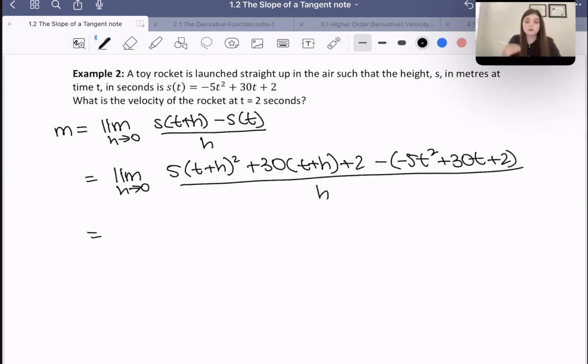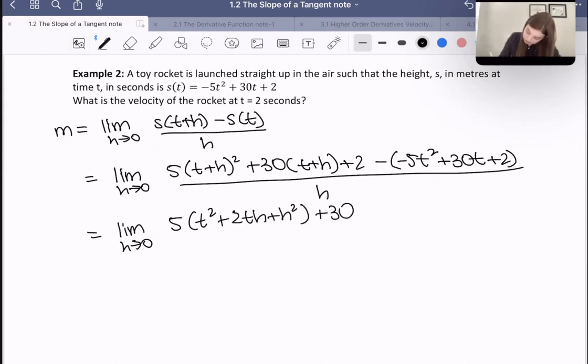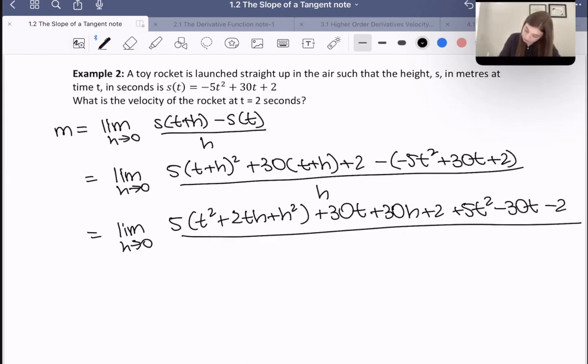And now we've got to expand and simplify. This is the not so fun part, but in a second, a whole bunch of stuff is going to cancel out, which is good. The limit as h approaches 0 is going to be 5t squared plus 2th plus h squared plus 30t plus 30h plus 2 plus 5t squared minus 30t minus 2 all over h.